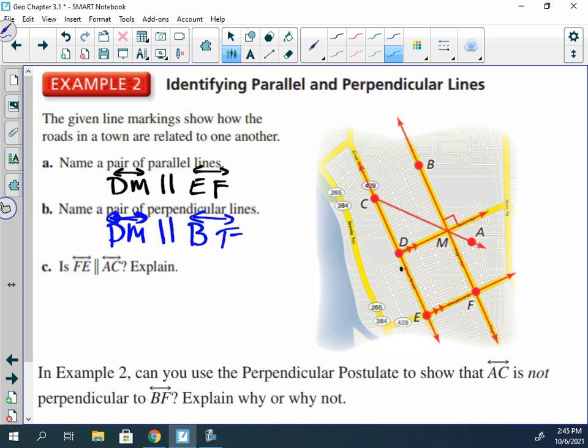But that also means that any other line that intersects DM and BF at point M will not be perpendicular to it, because from a given line and a point not on that line, there's exactly one line perpendicular to it. So really we could say BM has only one line perpendicular to it given point D, which is the ray D. Yeah, there's only one for it.